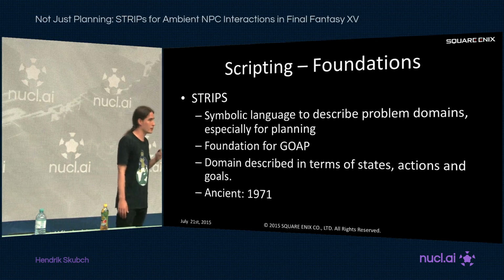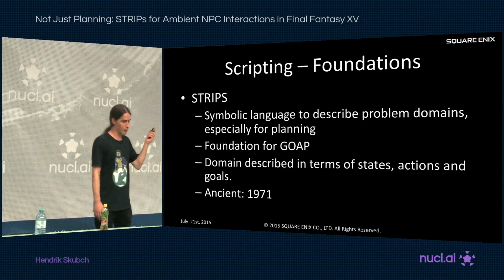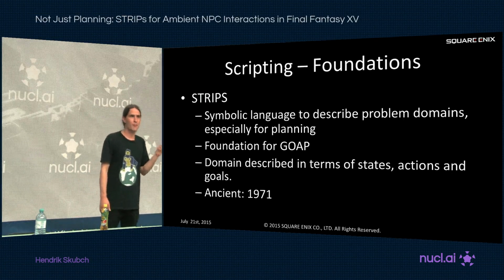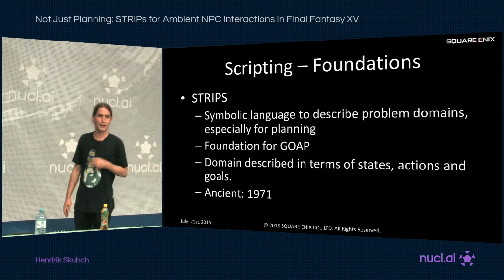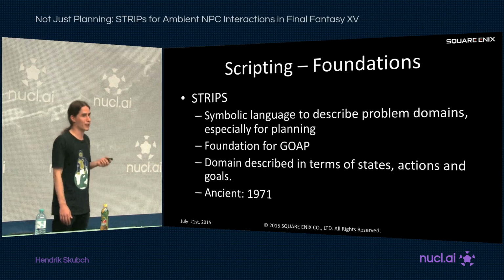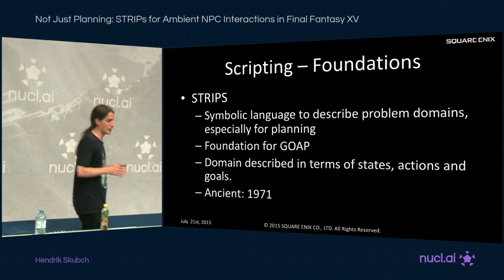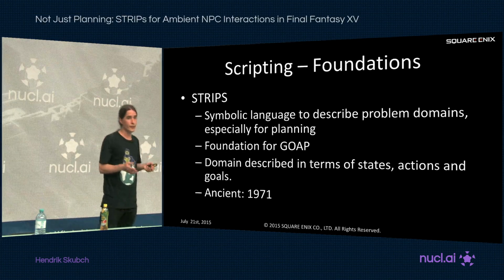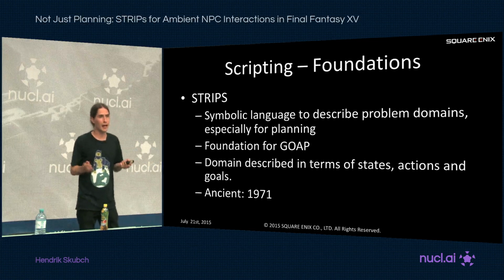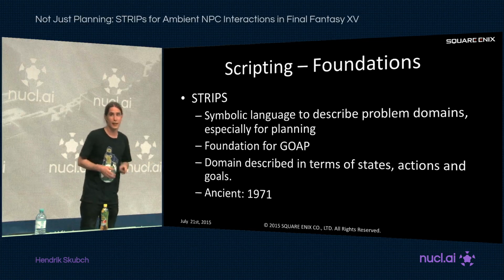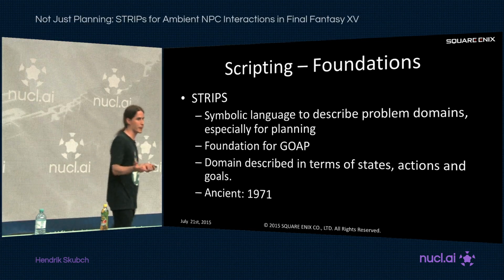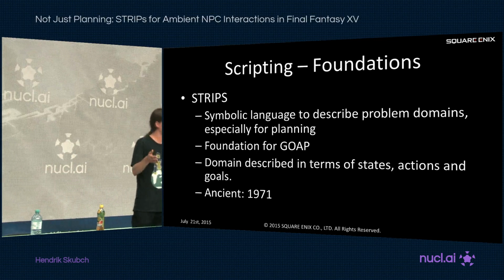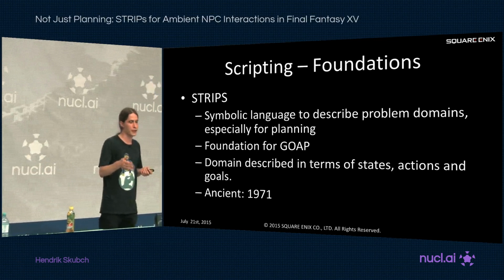STRIPS, Stanford Research Institute Problem Solver. I guess most of you know exactly what that is, so I don't want to spend too much time talking about it. But for the others, it's a symbolic language to describe a problem domain, especially geared towards planning, but not necessarily exclusively used for planning. It's the basis of goal-oriented action planning that was most recently used in a game, I think, in Shadow of Mordor.